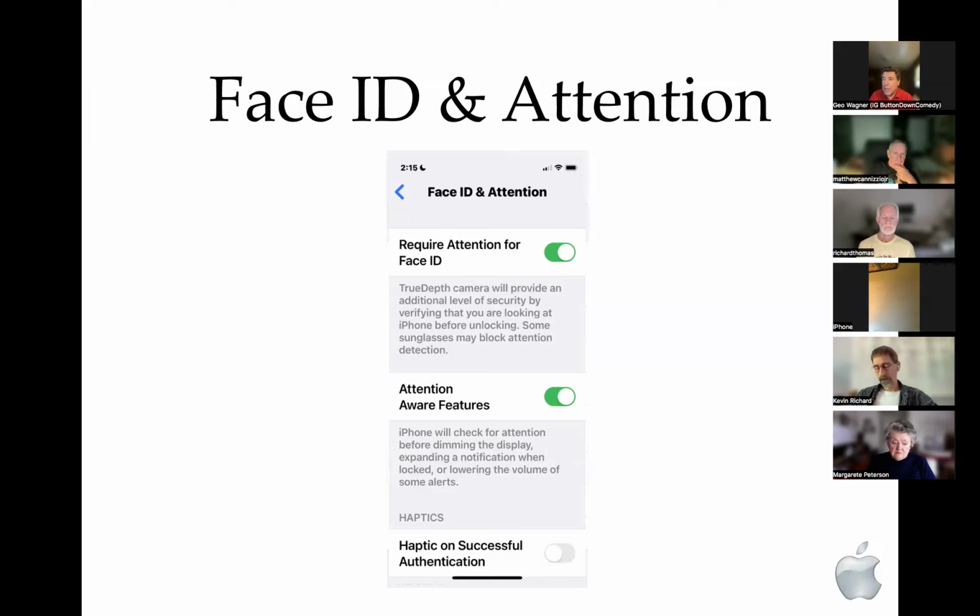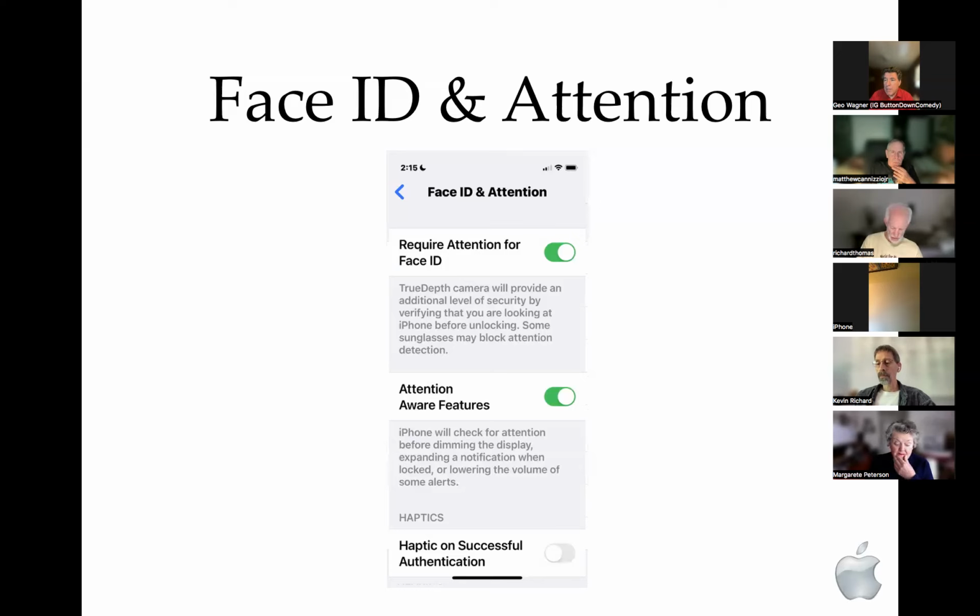The attention awareness feature is nice because if you're reading a longer article and you haven't scrolled the screen or done anything, your dimming feature will not trigger if it sees that your eyes are on the screen. I used to hate it when I'd be reading something and my screen would dim on me, and it was just annoying.